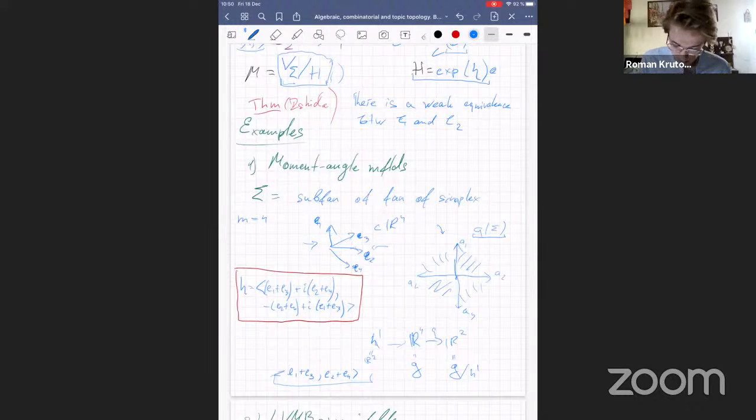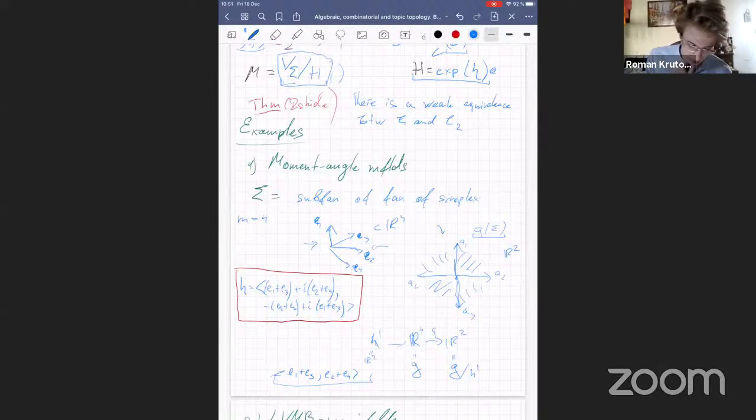And Q of sigma would be this complete simplicial fan in R2. Well, it's generated by the vectors A1, A2, A2, A3, A3, A4, and A1, A4. These are the maximal cones. So here sigma is a preimage of this Q of sigma.